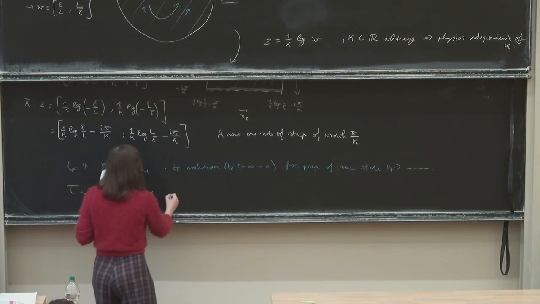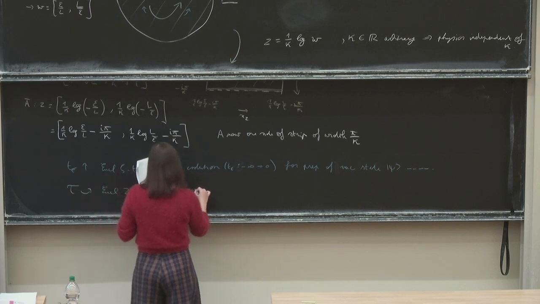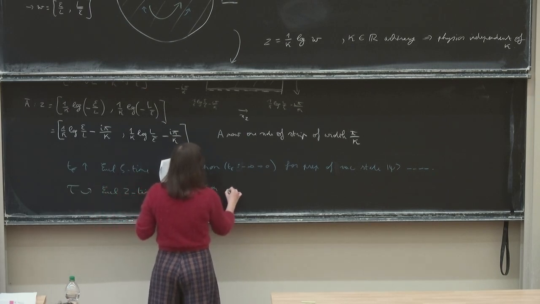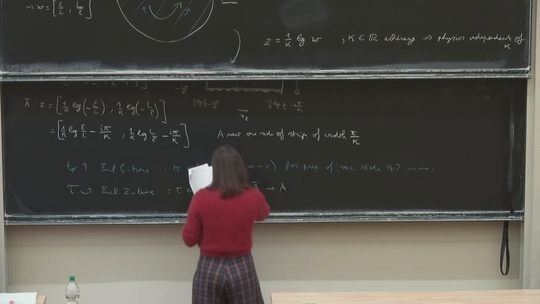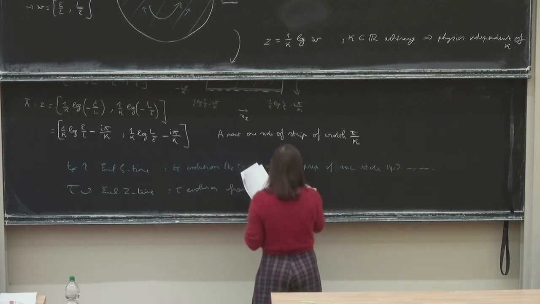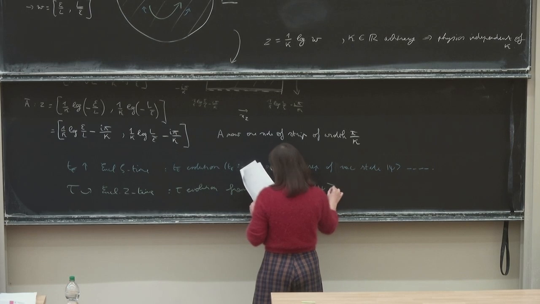Okay, so this tau evolution we can remember as going from the complementary region to our region A in the state psi. Okay.